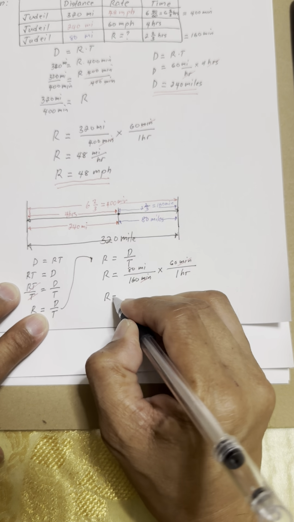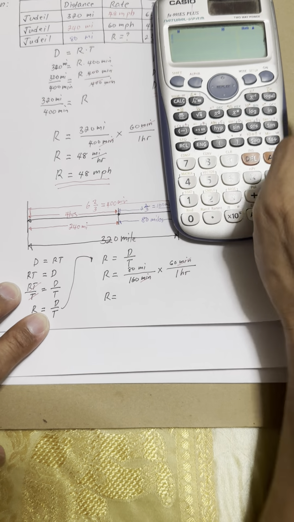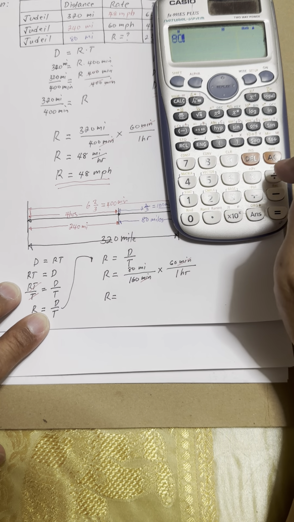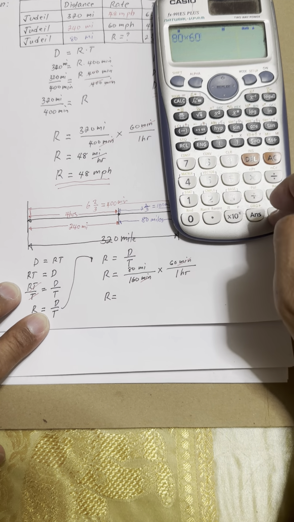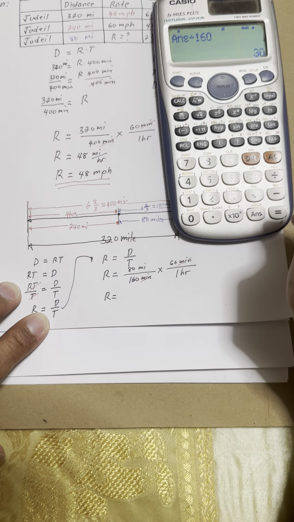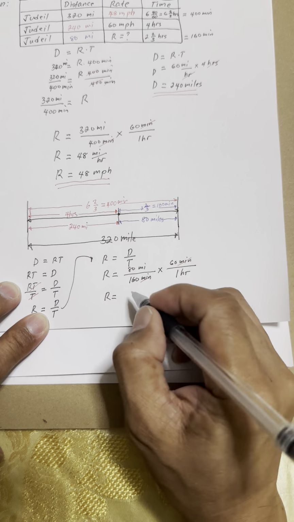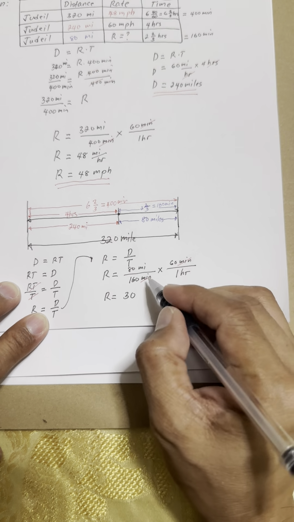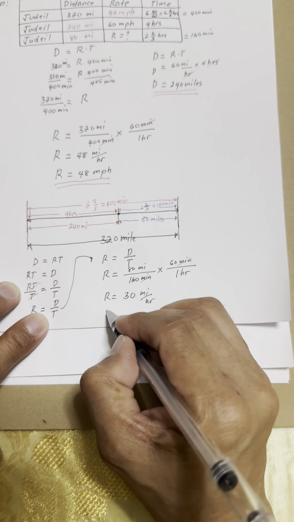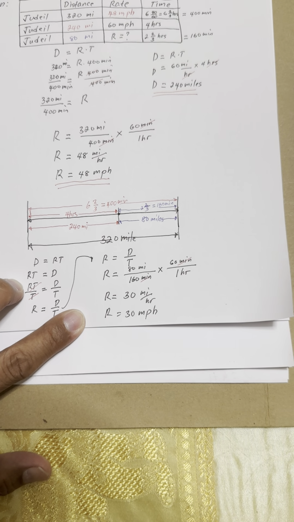So R, or the rate, let's calculate this one. So 80 times 60, then divide this by 160. So we have 30. Okay, so we got 30. So our result here, the rate is 30. The unit is in terms of miles per hour, or simply r equal to 30 mph.